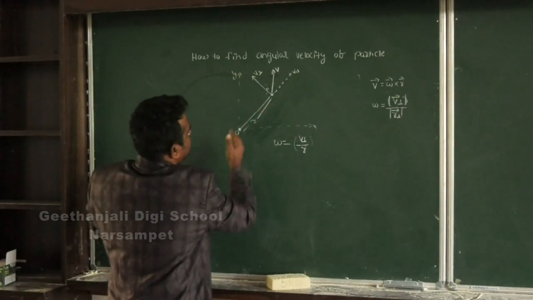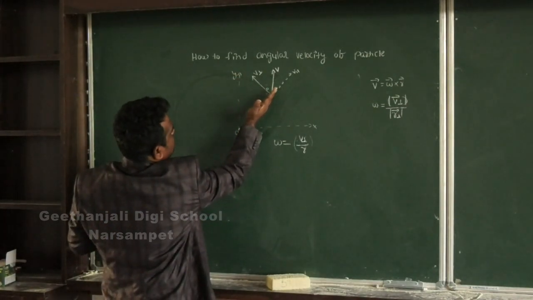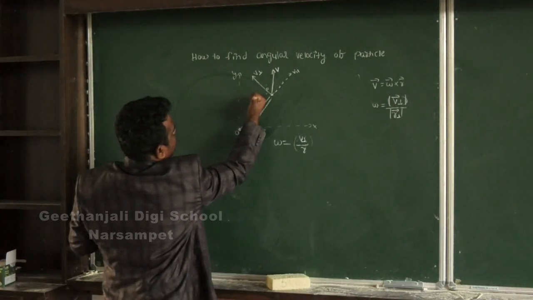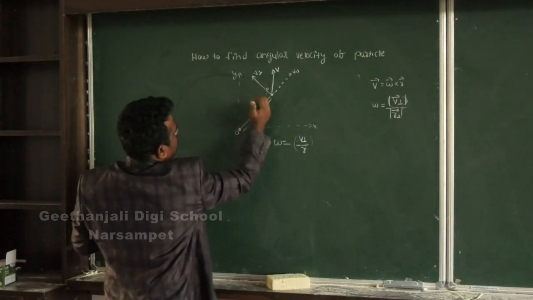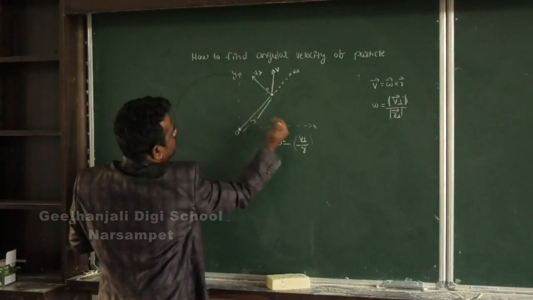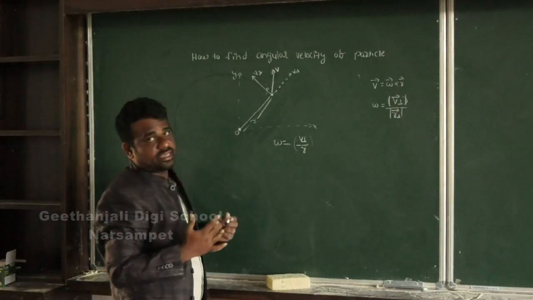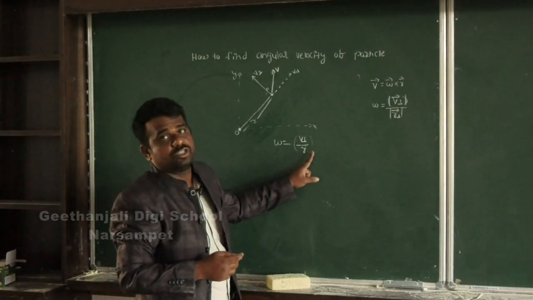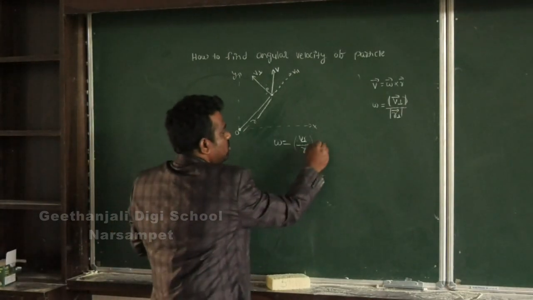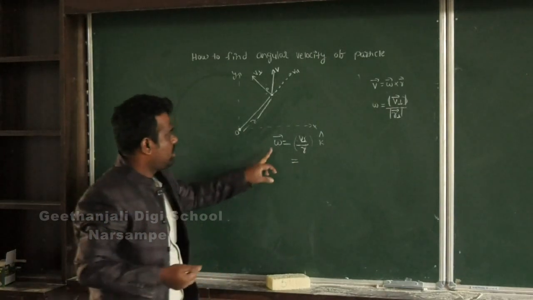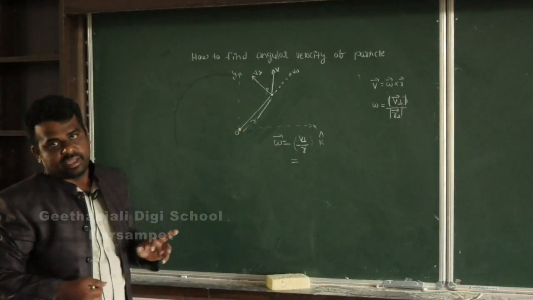The direction of angular velocity is perpendicular to the plane of the x axis and y axis, so it will be along the positive z axis. The unit vector in the direction of the positive z axis is k cap. Like this you can find the angular velocity of a particle.